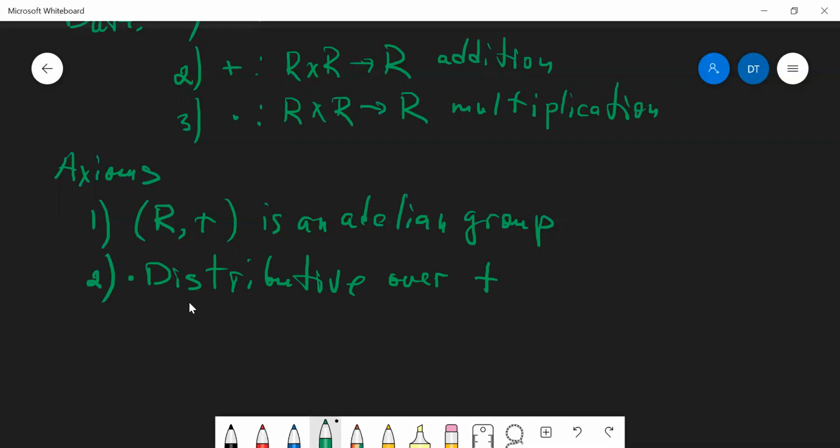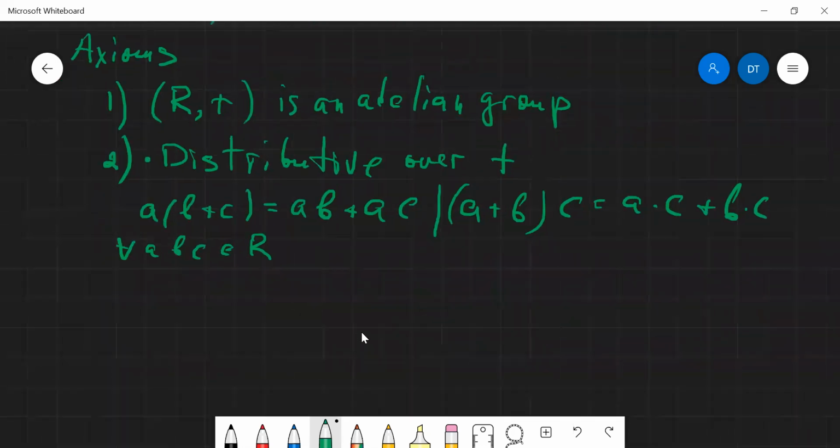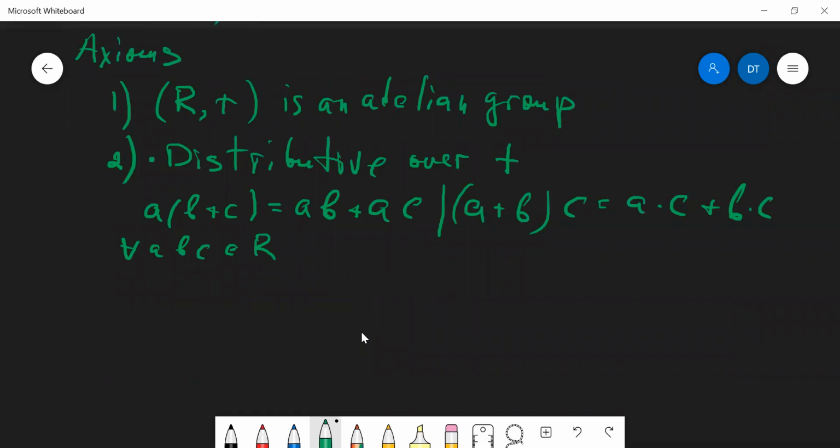Which means that we must have A times (B plus C) equals A times B plus A times C, and also (A plus B) times C equals A times C plus B times C. There are two properties, for all possible elements A, B, and C from the set R. This means that multiplication is distributive over addition, the usual properties we have for integer numbers, real numbers, and so on.